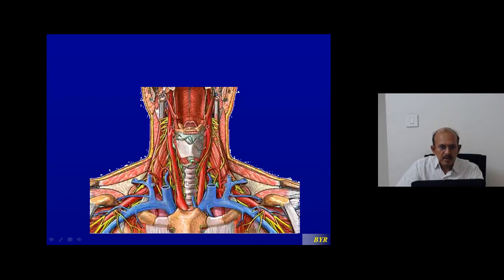It goes in between the trachea and esophagus. So this is called the recurrent laryngeal nerve. The recurrent nerve starts from the subclavian artery, goes behind it, and courses in the tracheoesophageal groove upwards.